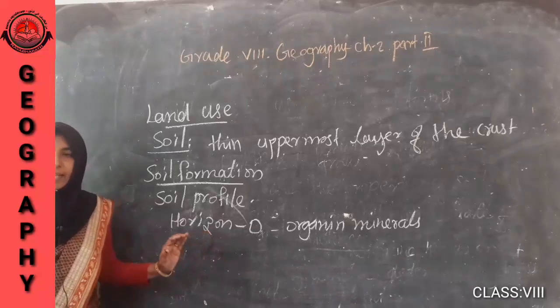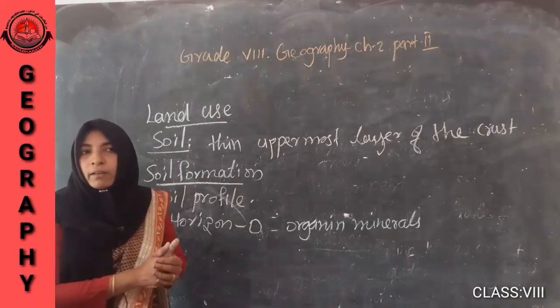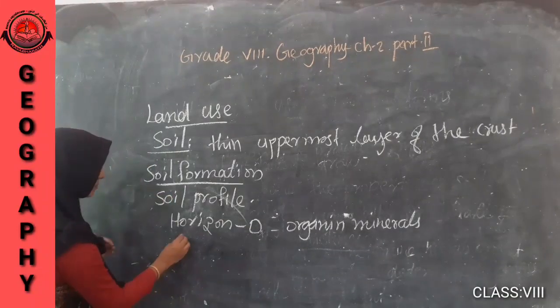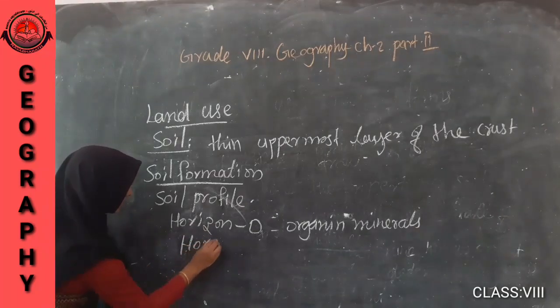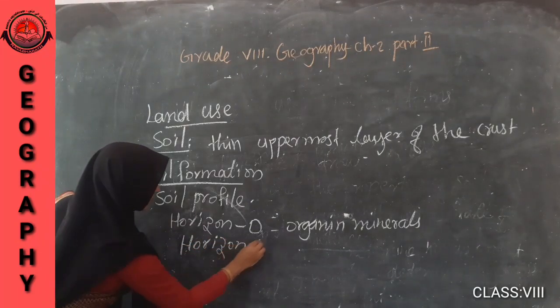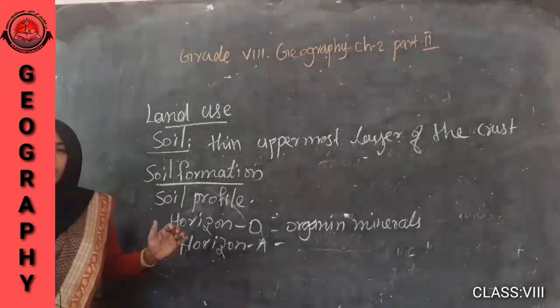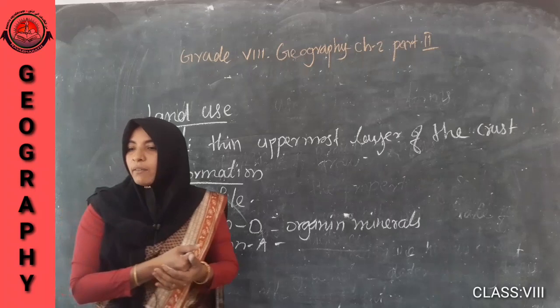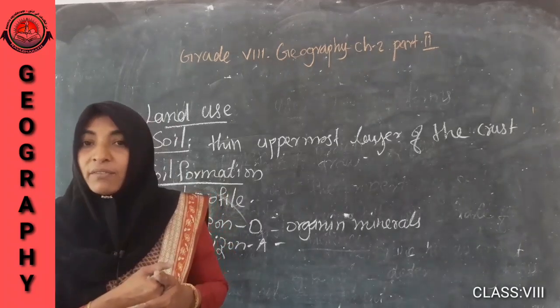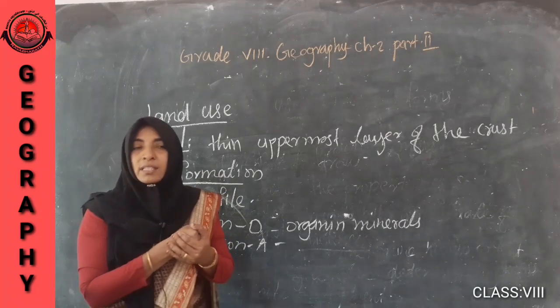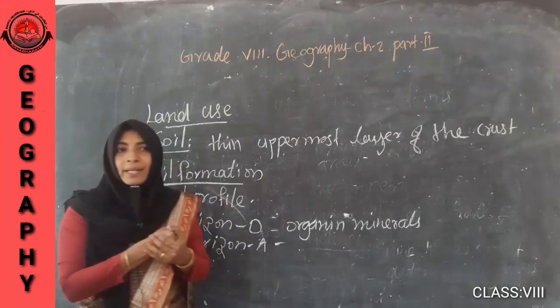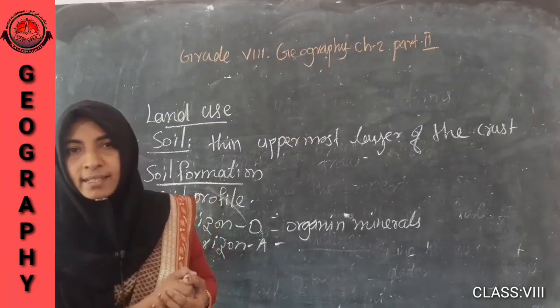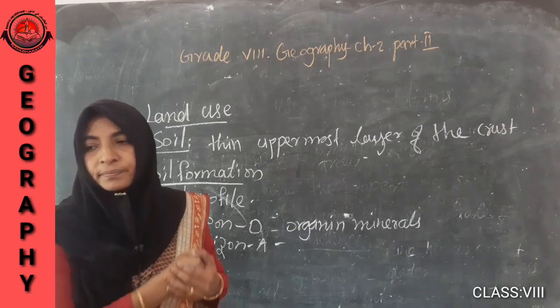Then the next layer is known as horizon A. Horizon A consists of what? It contains weathered rocks, mineral nutrients, humus and organic matters.